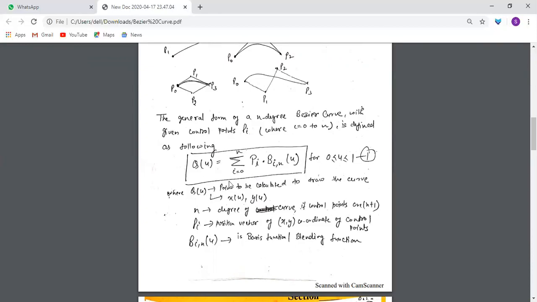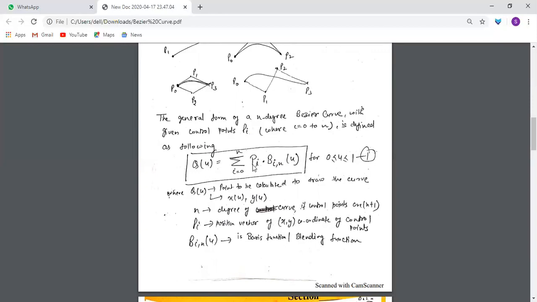So Q of u will represent that particular point. If Q is a point, there would be X and Y coordinates for these points. Pi is the position vector of X and Y coordinates of control points.